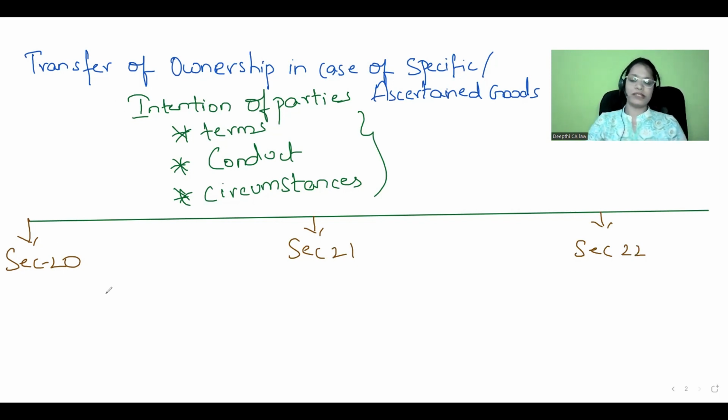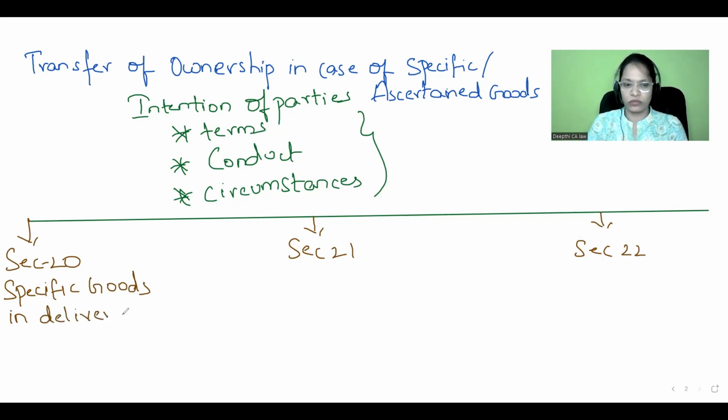So what do you mean by section 20? Section 20 is specific goods in deliverable state. What do you mean by specific goods in deliverable state?